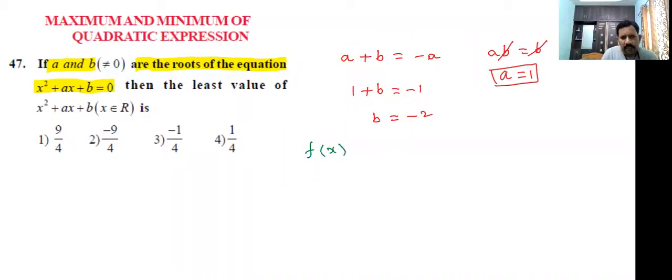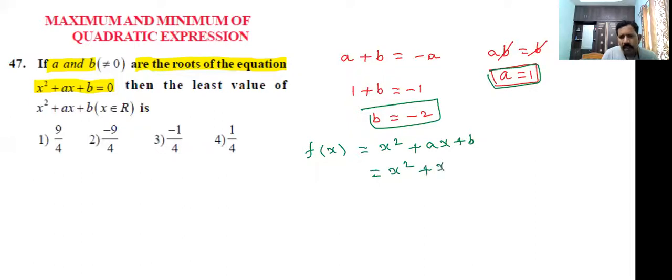F of x is equal to x square plus ax plus b. Already we know the a value and b value. Substitute here: x square plus x minus 2. In this expression, observe what is A? A is equal to 1. This is greater than 0. So the given expression has a minimum, least value.